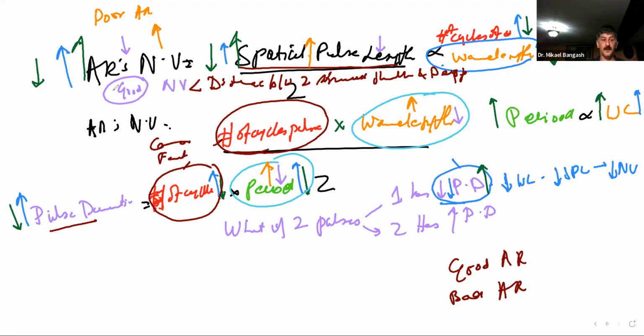So if the numerical value of your axial resolution, for instance, was calculated to be 3 millimeters, but the distance between the two structures was 2 millimeters, then we have a poor axial resolution.